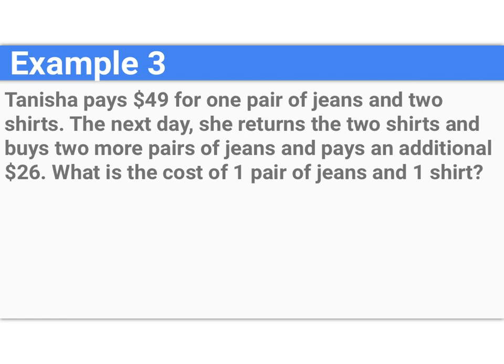So we have jeans and a shirt. So one jean plus two shirts equals $49. And buys two more pair of jeans and pays an additional $26. So now she has two more pair of jeans, makes three jeans.